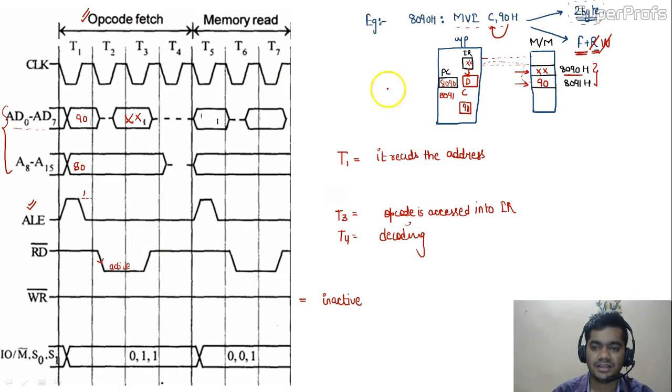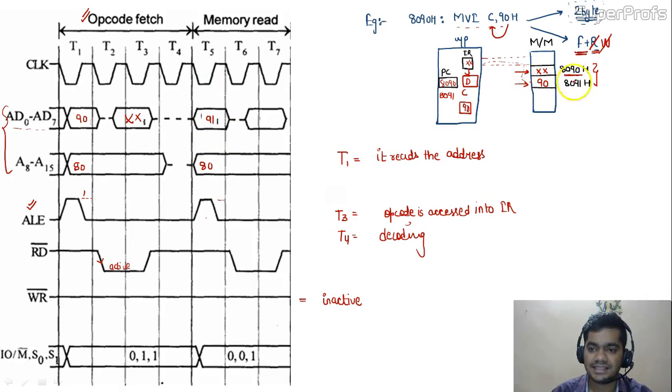Now it is going to read the data. The first T state of every machine cycle would be an address state, that is ALE would be again high. It means that all the lines would be working as address lines, so it would again read 8091H.